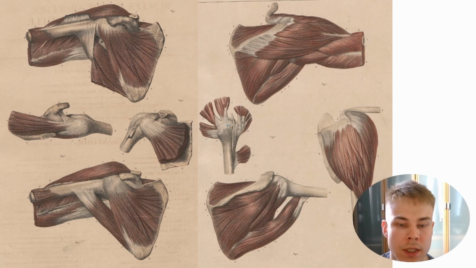And what it does is a little bit of glenohumeral joint abduction, and it again pulls the humerus into the glenoid.